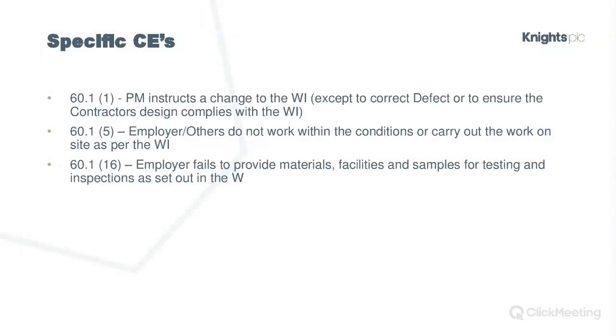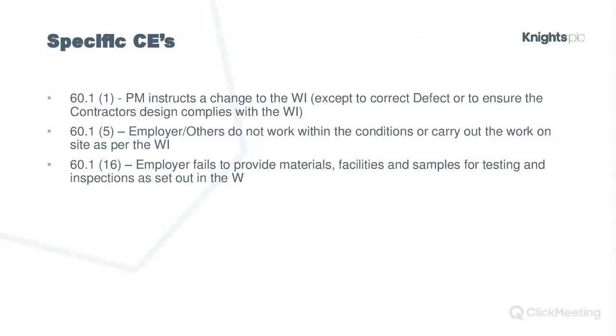But be really careful, because you've only got something to hang your hat on if there's detail in the works information, so that you can say the works information said the employer would only ever be doing work in the northeasterly section of the site marked blue, and they strayed out of that part of the site and disrupted our work, and therefore that's a compensation event under this 60.1.5.